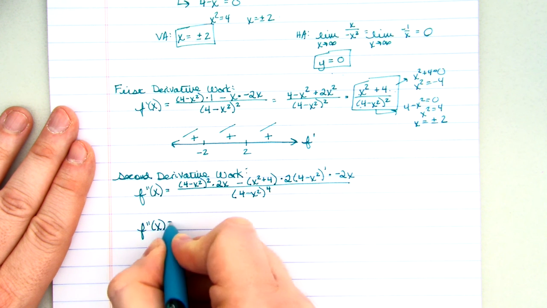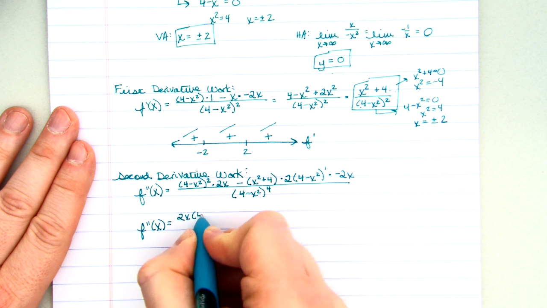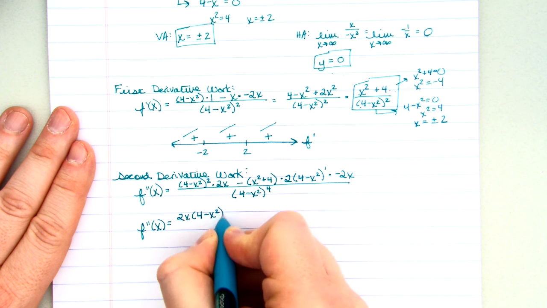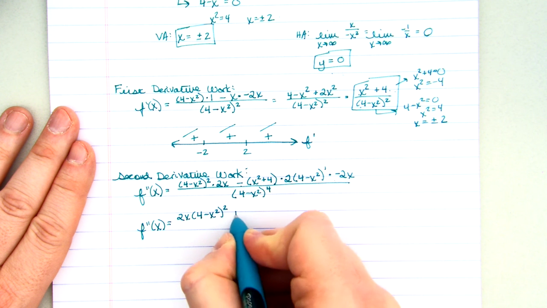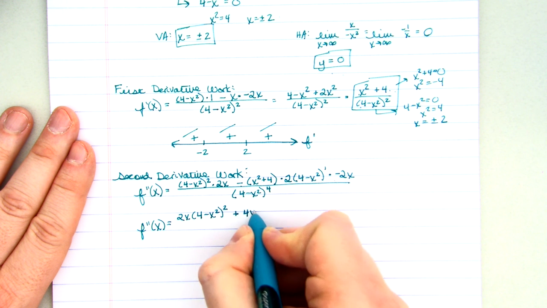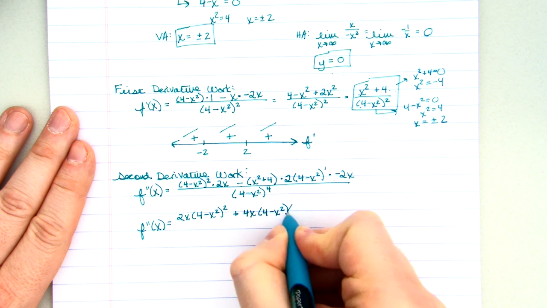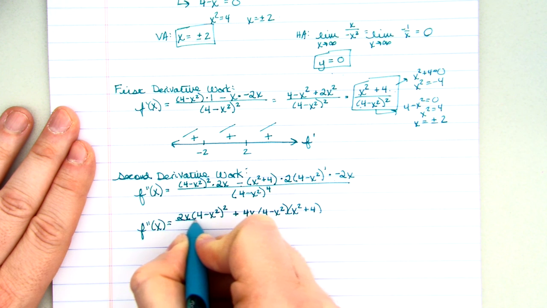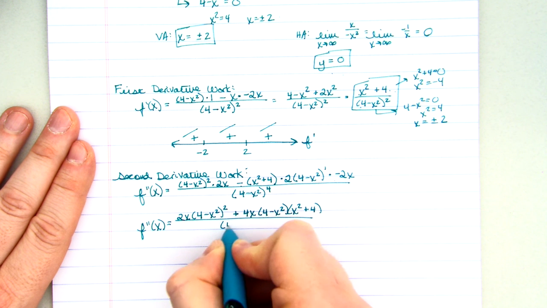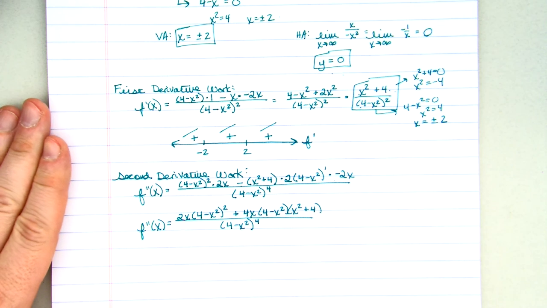F double prime of x is going to equal, okay, I'm just going to clean this up for right now, 2x times (4 minus x squared) squared. The double negatives are going to make this a plus, so plus 4x times (4 minus x squared) times (x squared plus 4), all over (4 minus x squared) to the 4th.